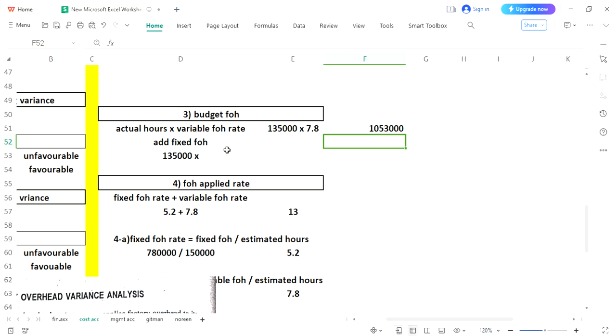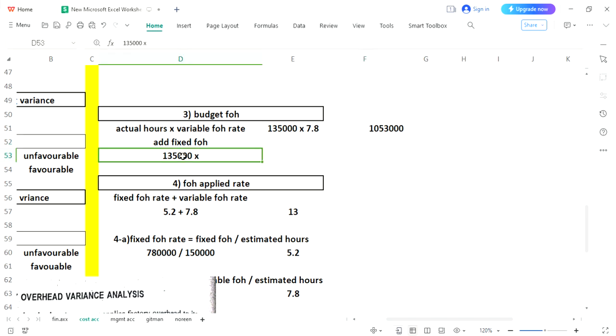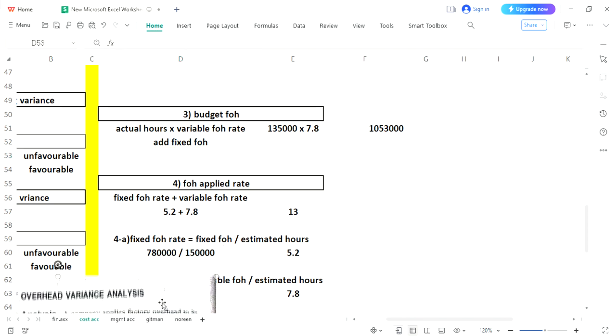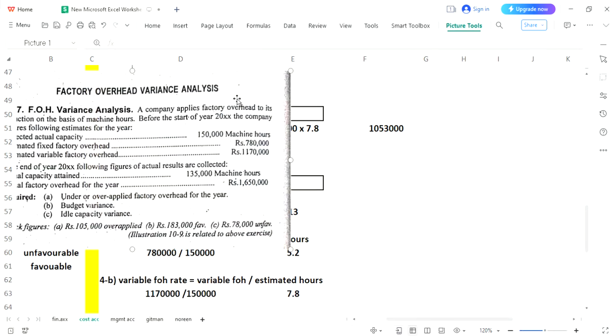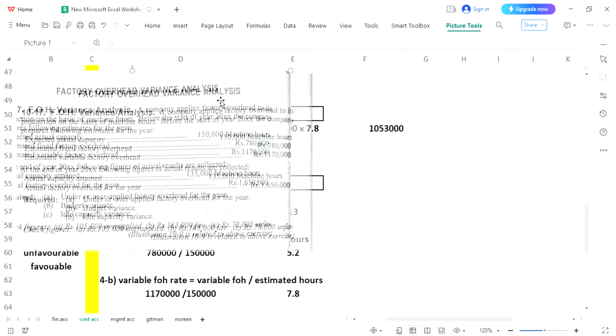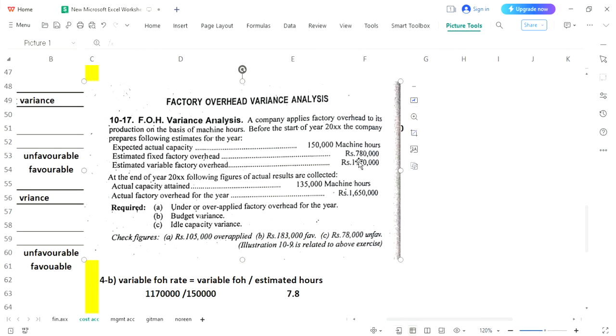Now you need to add fixed FOH. From where will you calculate your fixed FOH? You have already seen this fixed FOH is 7,80,000, and you can see from your question as well. Look at this. Fixed factory overhead is 7,80,000. No matter whether it is written in the previous part of the question or in a later part, fixed FOH will always be fixed.